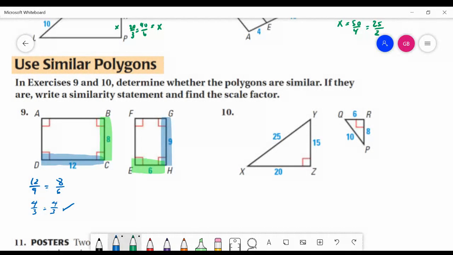Okay, so since the sides are proportional, the polygons are similar. So ABCD is similar to polygon GHEF.